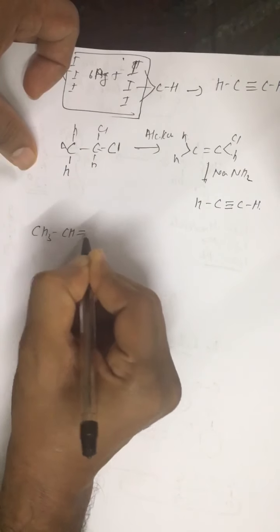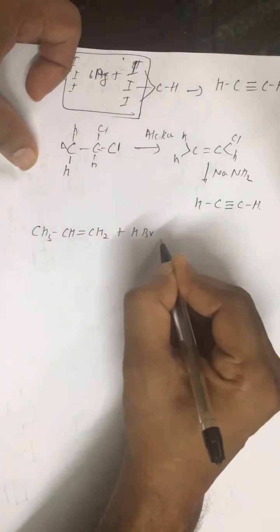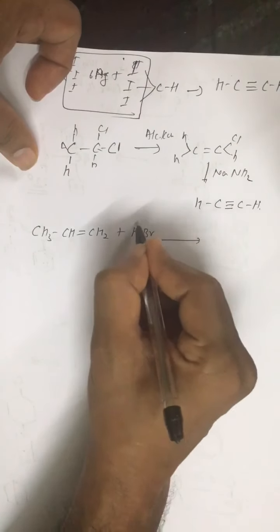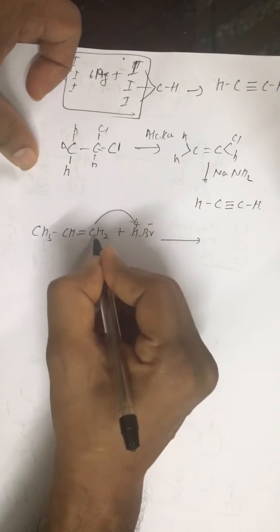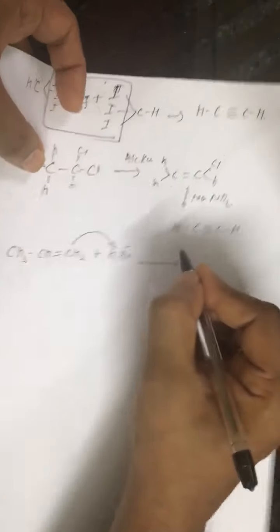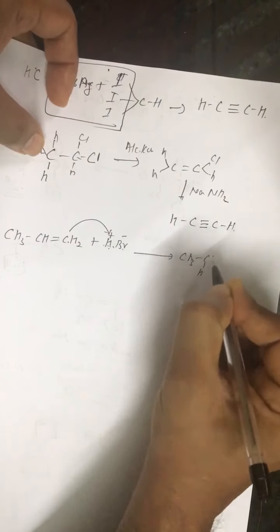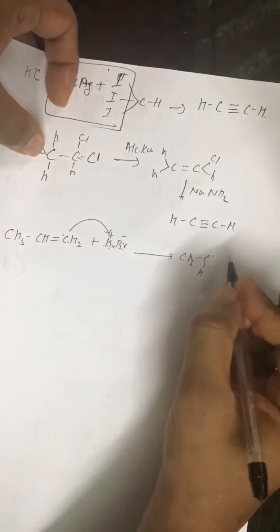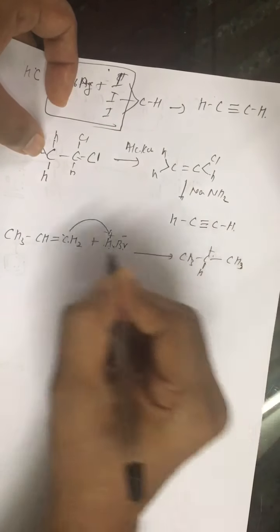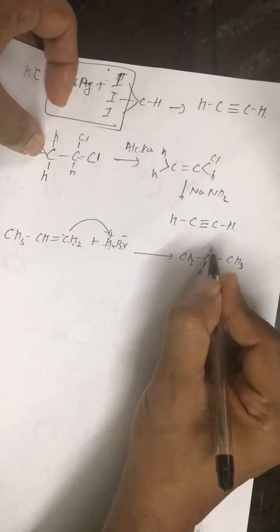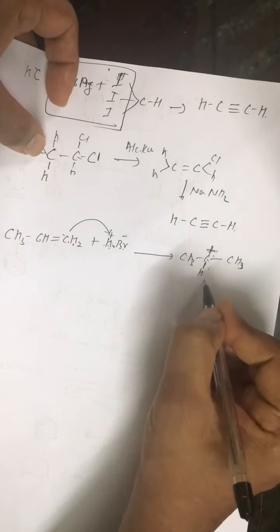Like if we are given propene, and propene is treated with HBr, the positive part of the addendum goes to that carbon which bears the greater number of hydrogens. Or you can also say during electrophilic addition we get a carbocation which is highly stable. Hydrogen is going to this carbon atom, that means positive charge goes on the second carbon atom, so this is a secondary carbocation.